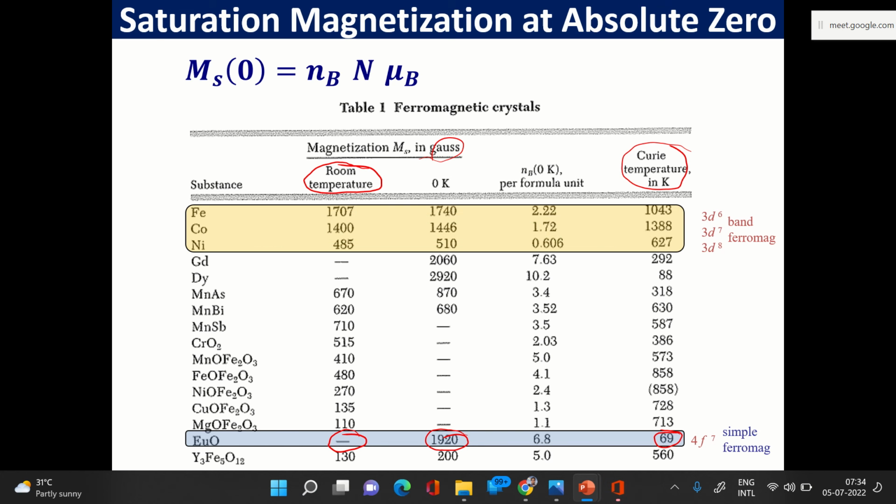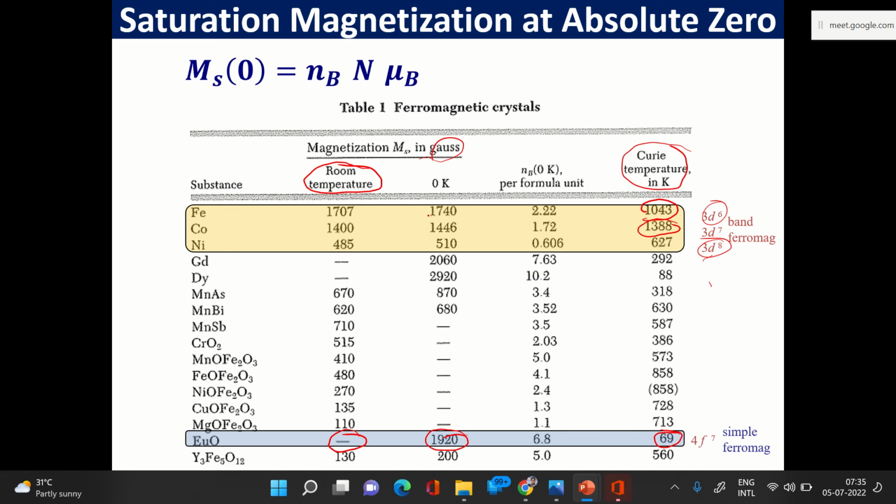Also note the point for iron, cobalt, and nickel: 3d6, 3d7, 3d8. What do you see here? You look at the Curie temperature: 1043 for iron, 1388 for cobalt. That means below this temperature, there will be spin alignment, spin ordering, and you can observe the ferromagnetic behavior.